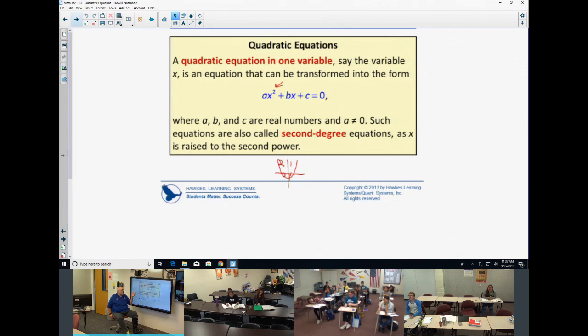So what is a quadratic equation? Well, anytime you have a variable with an exponent of 2 in your polynomial, that's going to give you a quadratic or a second degree equation. Now, I remember as a student thinking, why is it called quadratic? Because to me, quad would mean 4, but the exponent is 2, not 4.